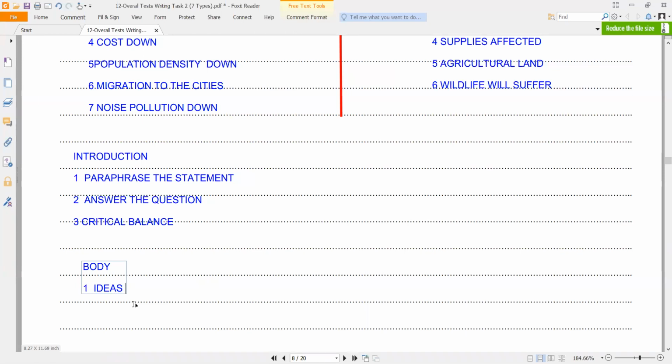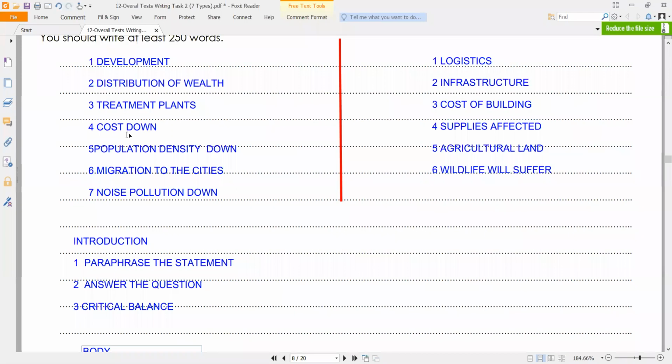Now, when you say ideas, in this case here, these ideas are advantages or disadvantages. So for example, if I like advantages more, I would go with advantages in the first paragraph. So what you do is you have a look at these advantages that you have and you try to put them down in one or two sentences. So how do you do that, for example?